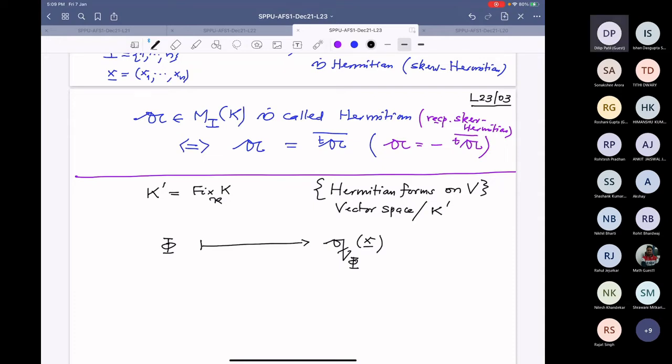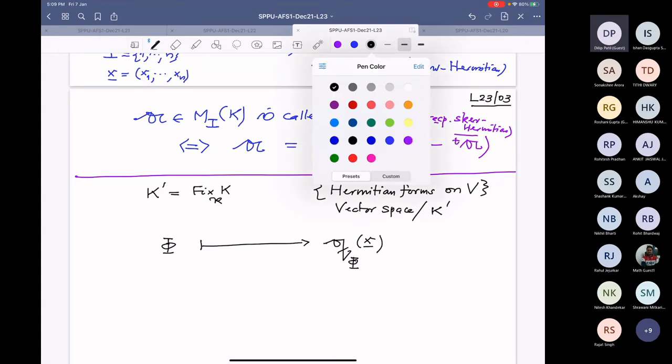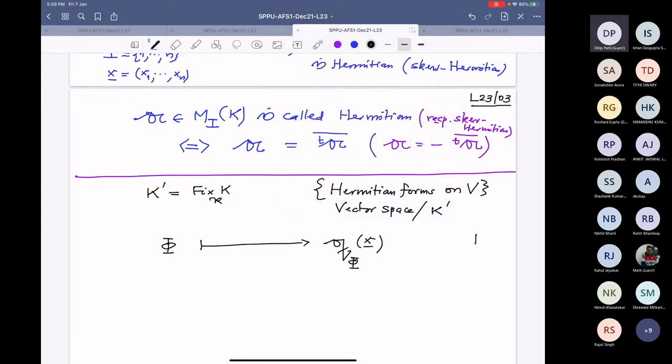And I will write only Hermitian. Similarly, you can write skew Hermitian. There is no big deal. So this is an isomorphism. This one is from this vector space to where? To the matrices. See, these are not all matrices.